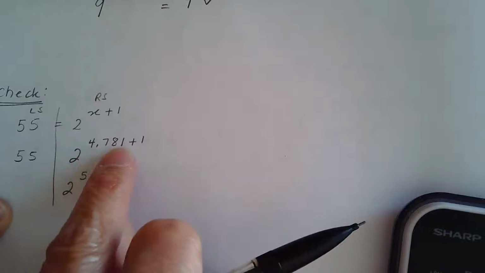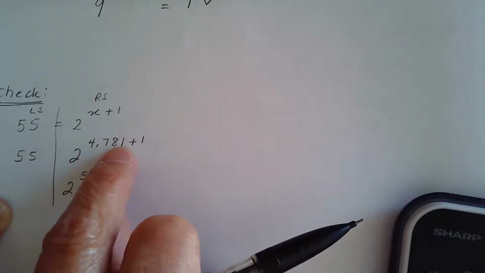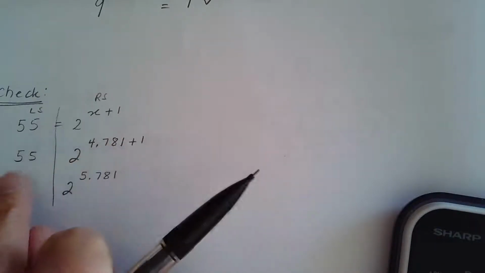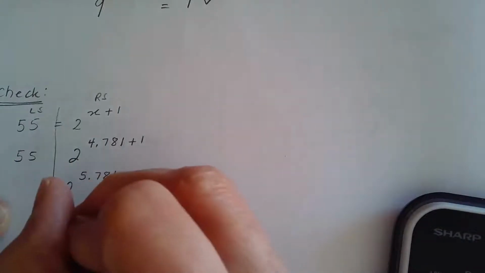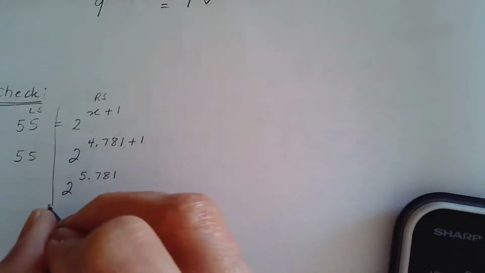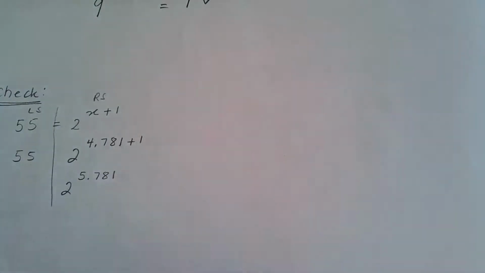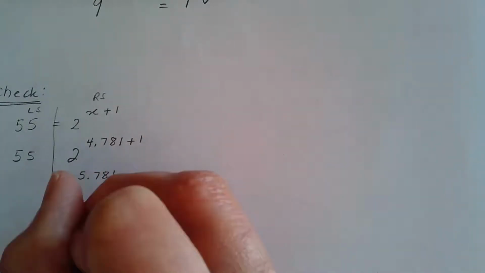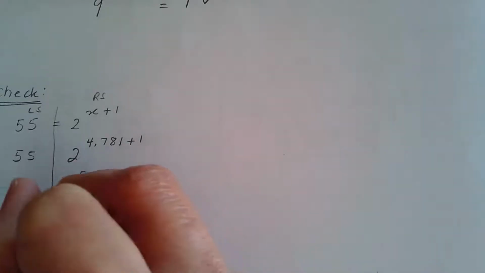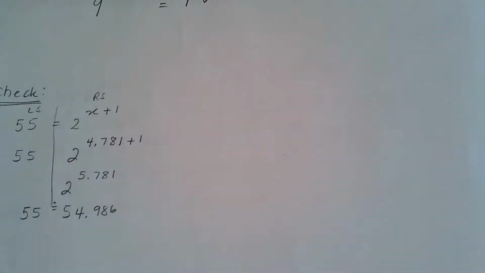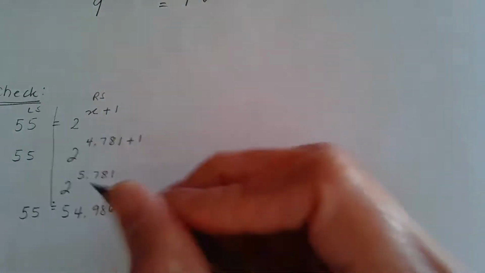If we kept all of the decimals earlier, then we would get exactly 55. So this is approximately 54.986, which is approximately 55. So that one's still considered good.